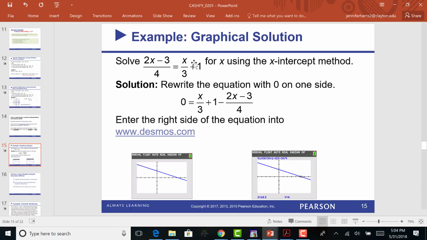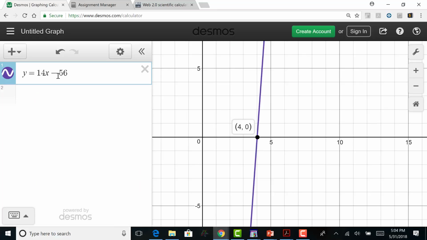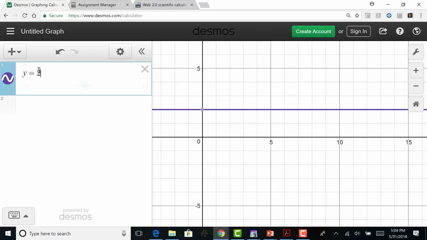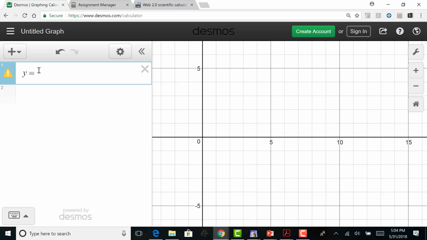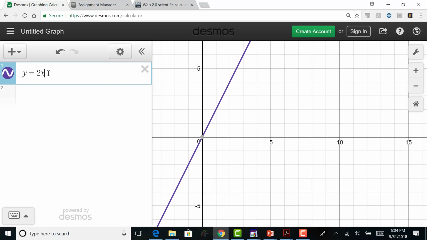You got it? Okay. Let me type it up there so y'all can see, just in case everybody doesn't have it quite yet. What was the first equation? 2x minus 3.